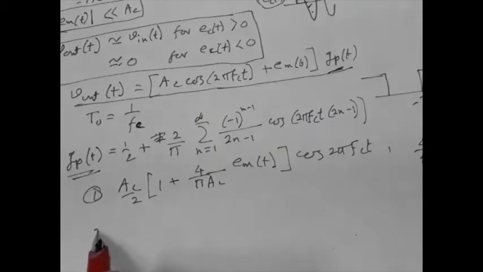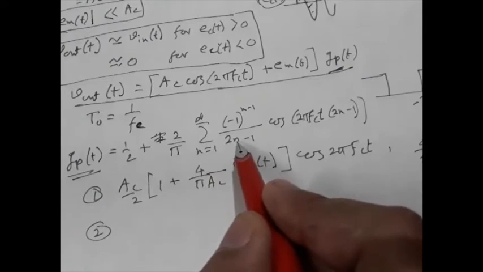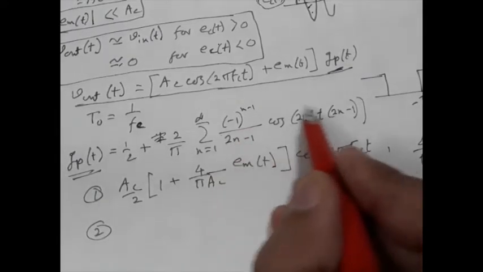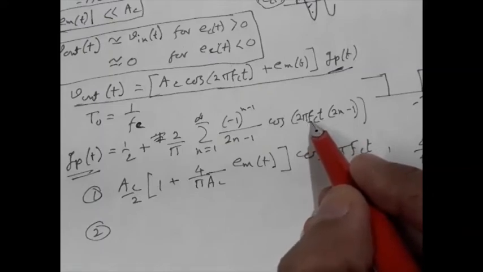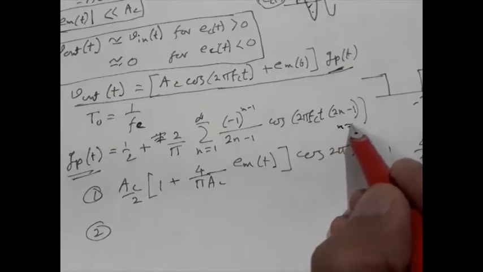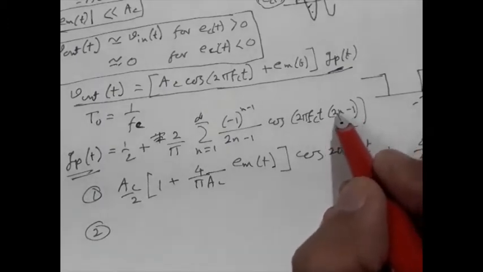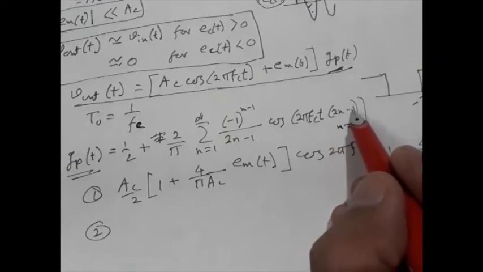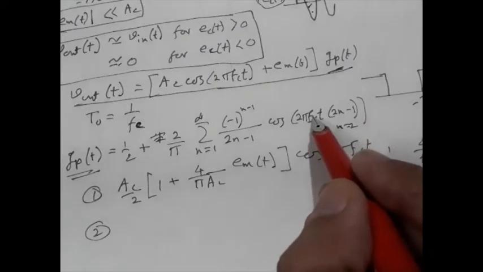There is another component, rather there are other components. If we put n equal to 2, 3, 4, etc., you will see the corresponding frequency. For n equal to 2, it becomes 3 fc, since 2 into 2 is 4, minus 1, that means 3 fc.